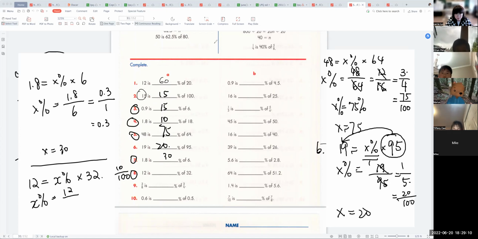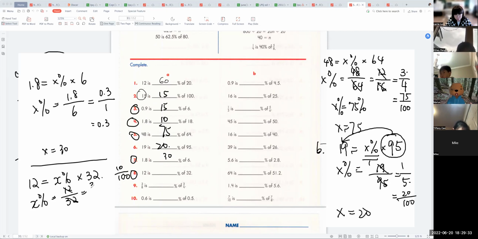So 12 divided by 32 or 32 divided by 12? 12 divided by 32. Okay, so 12 divided by 32 equals what?